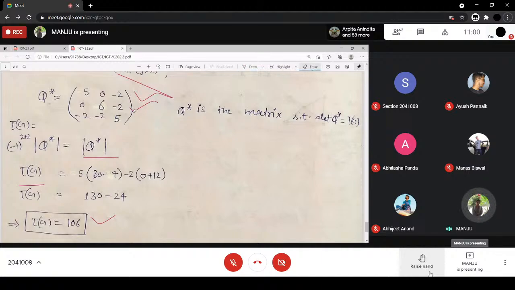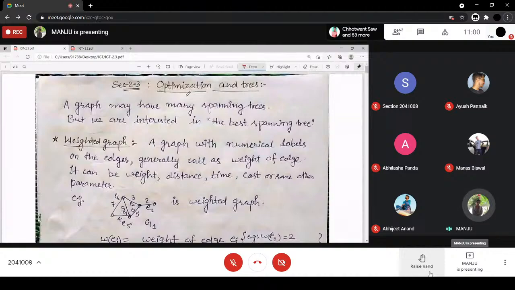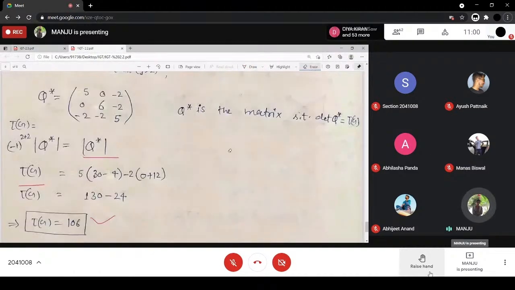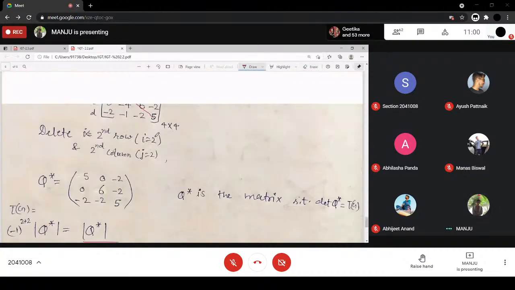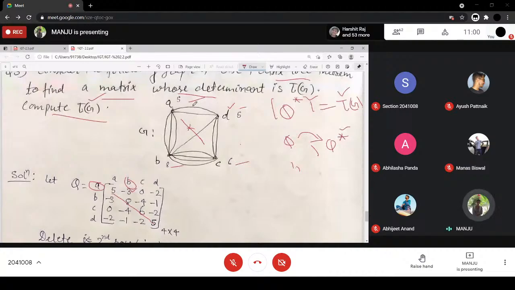So here section 2.2 completes. Tomorrow I'll start 2.3, that is optimization and trees. Till now we were discussing only spanning trees. Tomorrow I'll focus more on optimization. Some weight, distance or length will be assigned to every edge, and then we will find the minimum spanning tree.